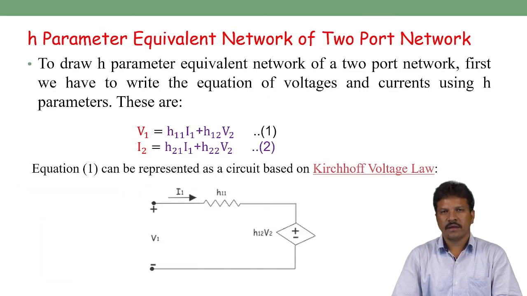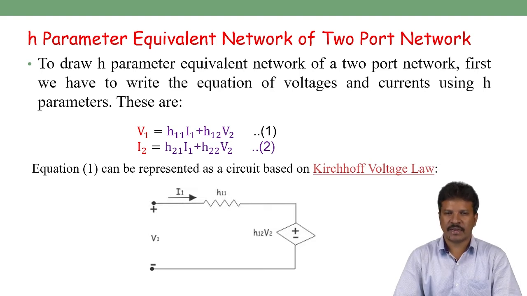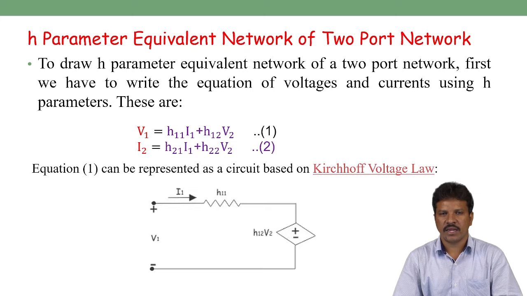Now, when we consider this h parameter equivalent network of the two-port network, so far we have found the four h parameters, h11, h12, h21, h22. With these four parameters we have the equations for this two-port network model, and we can draw the equivalent diagram for these two equations.